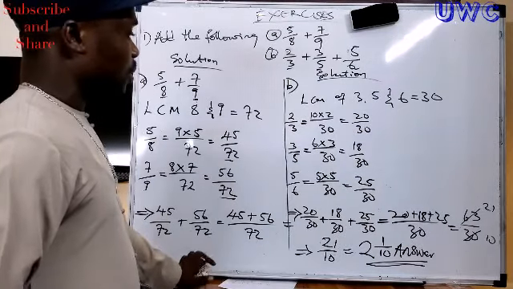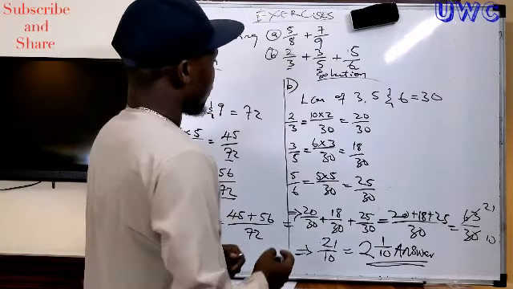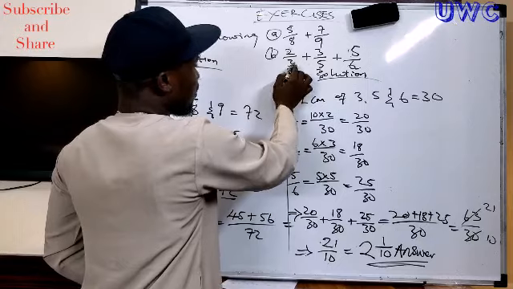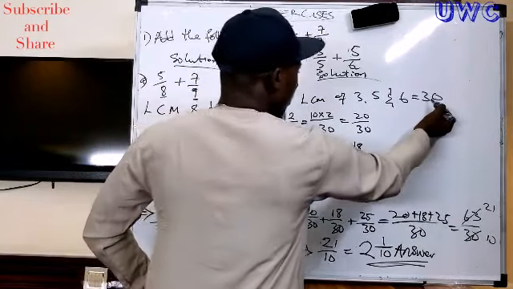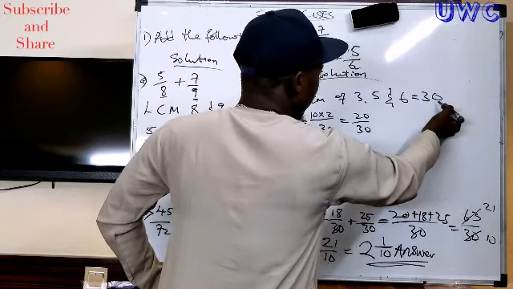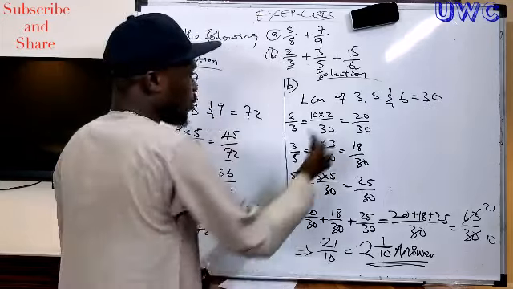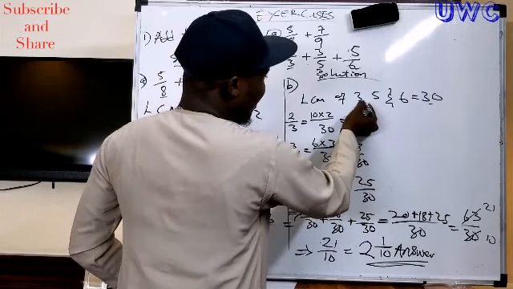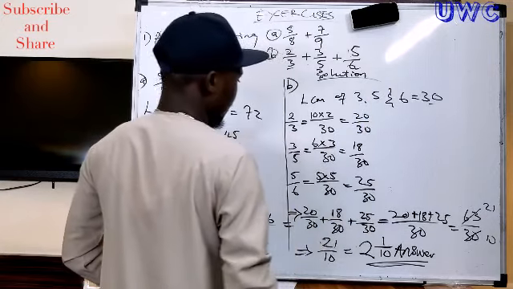So, let me come again. Exercise 2. Since the denominators are not the same, we find their LCM in order to get equivalent fractions with the same denominators. So we take them one after the other. The LCM of 3, 5, and 6 is 30.